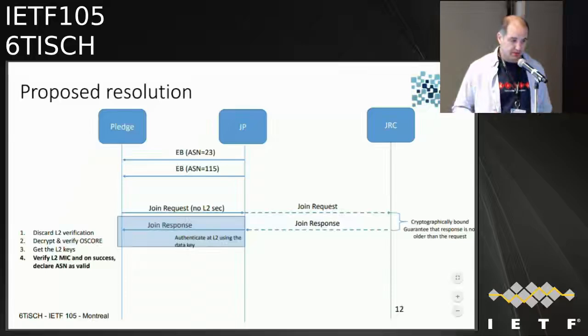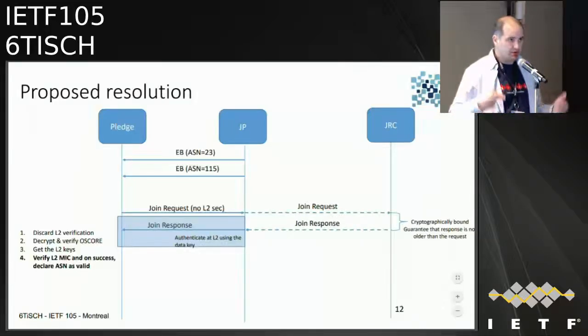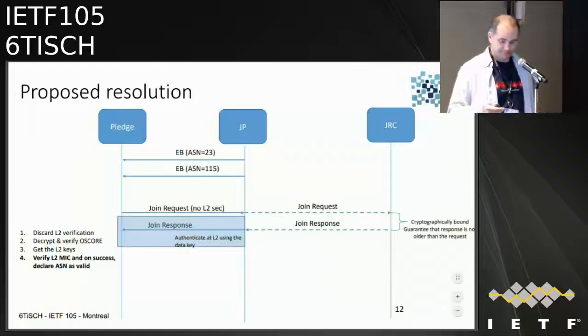So the procedure is as follows. The pledge discards the layer 2 verification. It decrypts and verifies the end-to-end security session of OSCORE. From this CoAP message and the decoding of the CBOR object, it gets the layer 2 keys and now passes the whole thing back into the layer 2 machinery in order to validate the frame, specifically the authenticity at layer 2 of the frame that it used to obtain the join response.